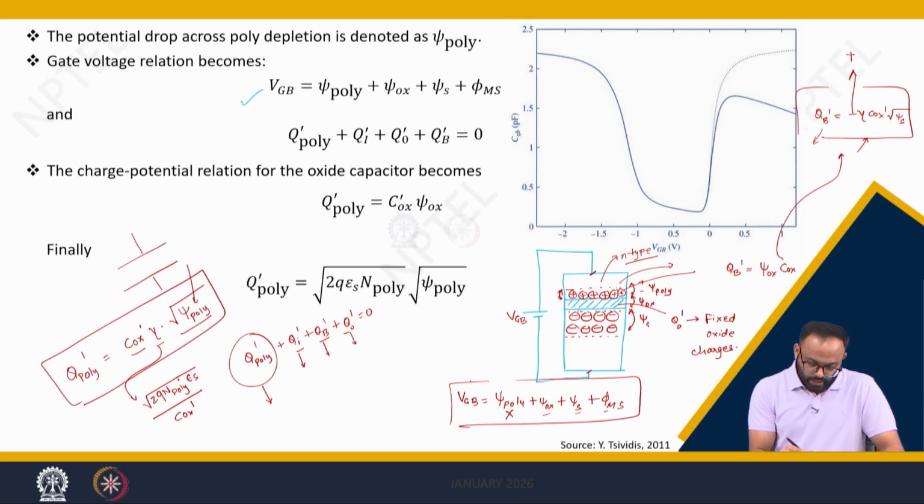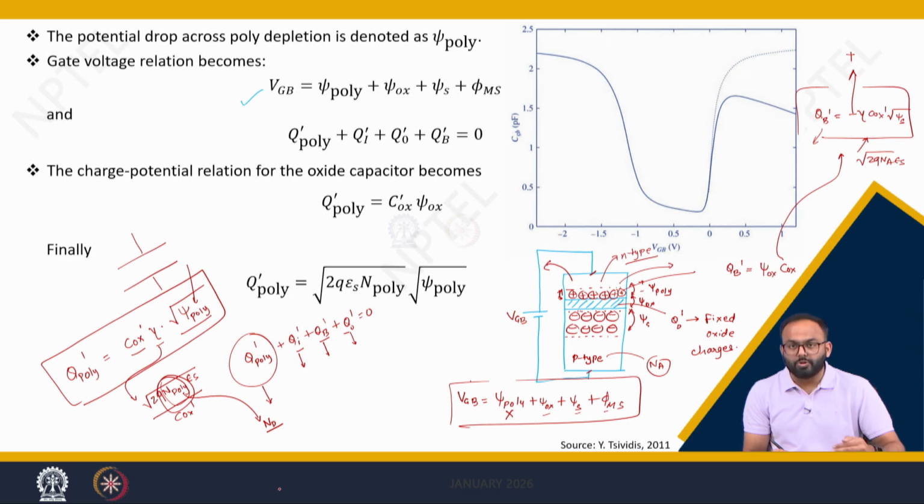So, here we should have n poly, meaning the doping concentration of the poly region, whereas here we have taken gamma equal to square root of 2 into Q into Na into epsilon s, where Na is the doping concentration of this substrate or body, which is p type, and obviously this n poly is nothing but Nd, a donor type. But just to differentiate between n poly and Na, we are using n poly here.